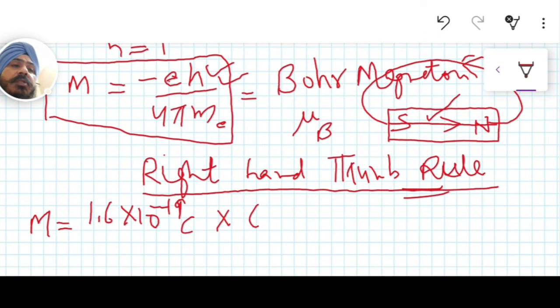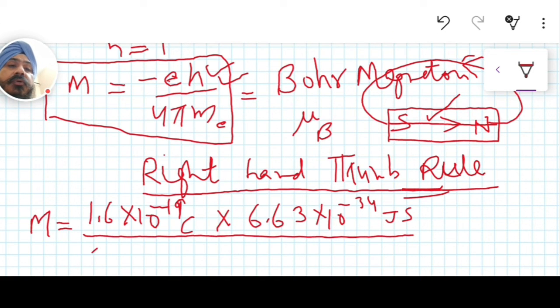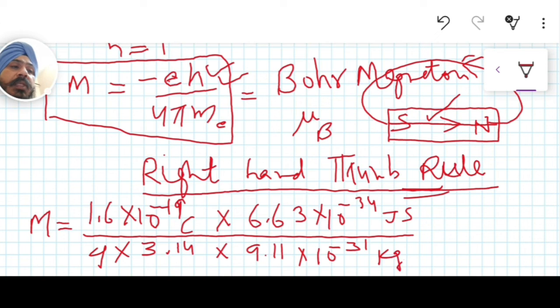Planck's constant is 6.63 into 10 raised to the power minus 34 joule second, divided by 4 times pi, 3.14, times the mass of the electron, 9.11 into 10 raised to the power minus 31 kilogram.